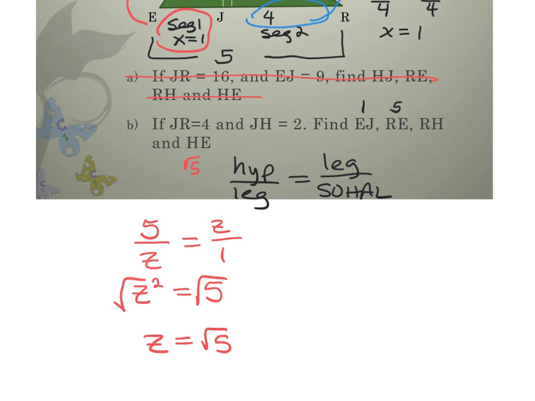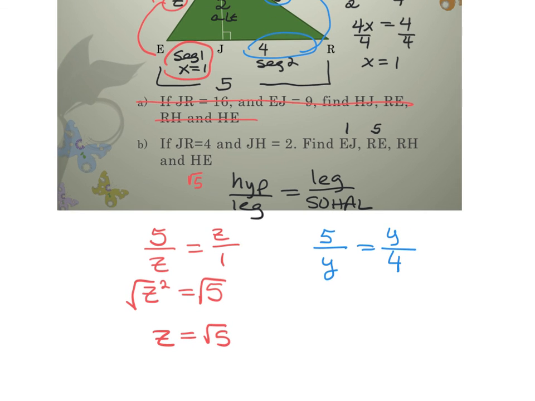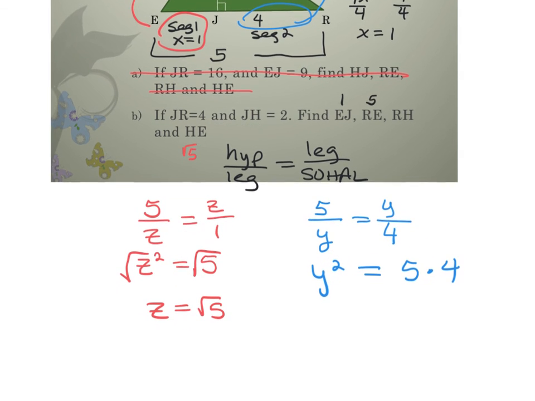Now let's find RH, which is the other leg. Hypotenuse over Y, Y over its SOHAL. Cross multiply. I'm going to leave them unmultiplied because I still have to break it down. Square root.